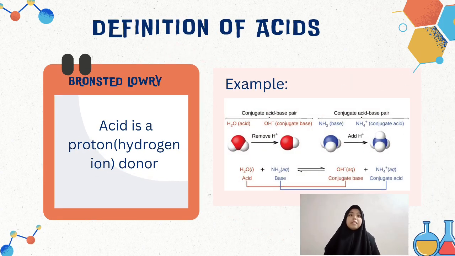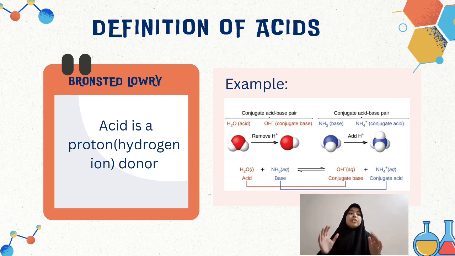Definition of acid based on Bronsted-Lowry. An acid is a proton donor, also called a hydrogen ion donor. In example, we have H2O reacting with NH3. H2O as an acid and NH3 as a base will produce OH- and NH4+.